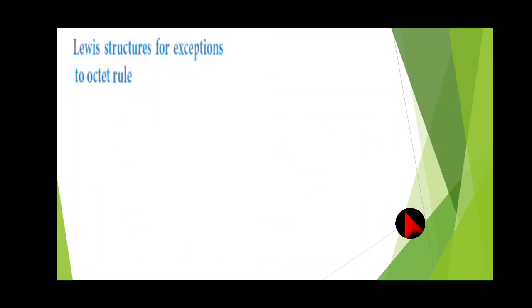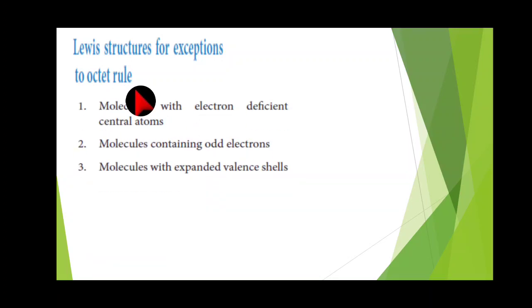So next, Lewis structures for exceptions to the octet rule. Some structures are exceptional ones. First, molecules with an electron deficient central atom, for example boron trifluoride.